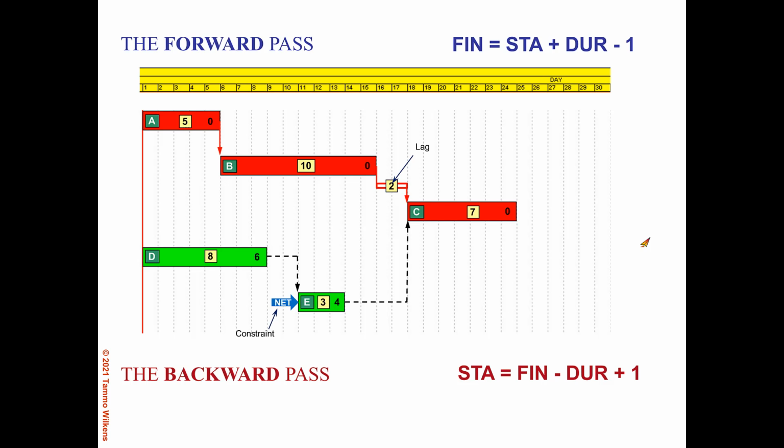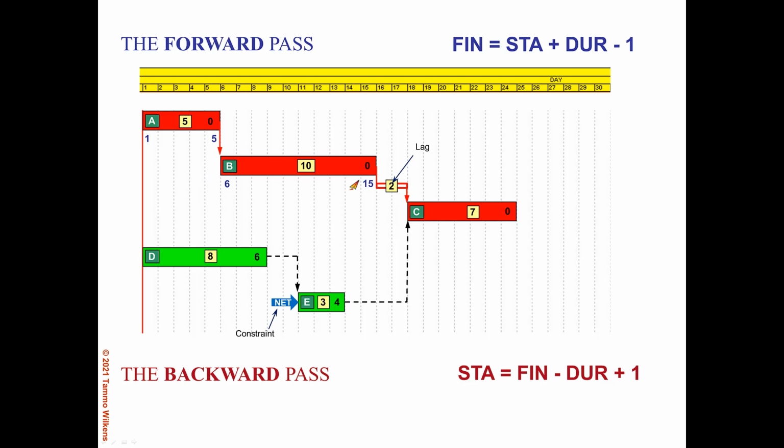And then the other thing we added here is the not earlier than constraint on activity E. So in this case, it says the activity E cannot start any earlier than day 11. So let us look at the forward and backward pass calculation again with this new scenario. So we have the forward pass early dates for activities A and activity B as before.